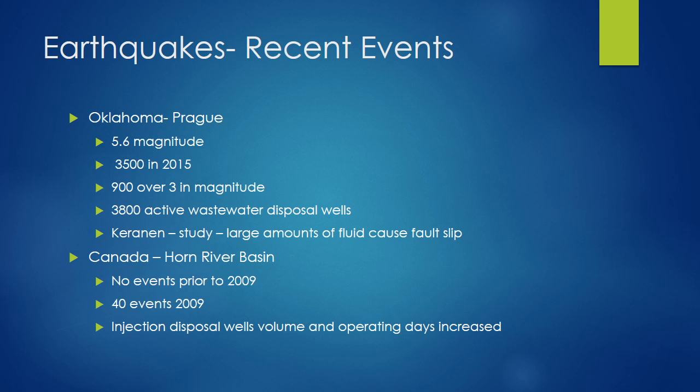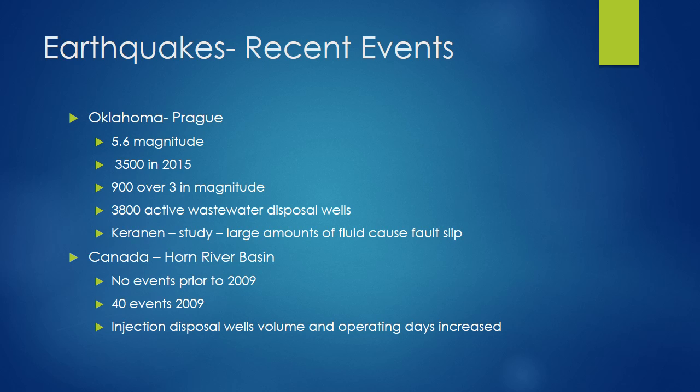Over 3 in magnitude, there were 900 of them. This is a 160-fold spike in earthquakes in Oklahoma. And as of 2014, Oklahoma has surpassed California's earthquake rate.